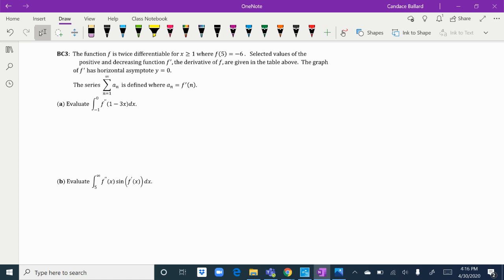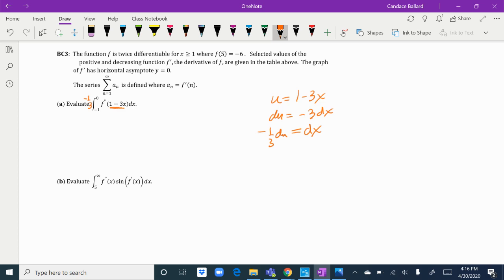I know I've got to evaluate from -1 to 0 of f double prime of 1 minus 3x. We're going to do u substitution because there's an inside function. I'm not going to do all of u substitution; you've been doing it for a year and a half or more. We just do as much as we need to figure out what to add. du equals -3 dx, which means we're missing a -1/3, so I put a -1/3 in front.